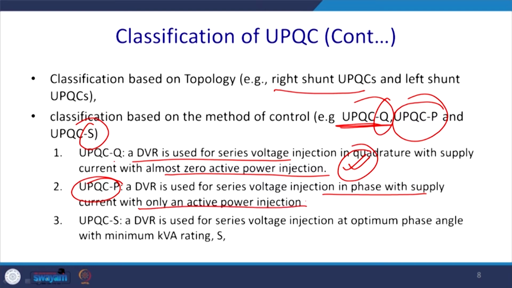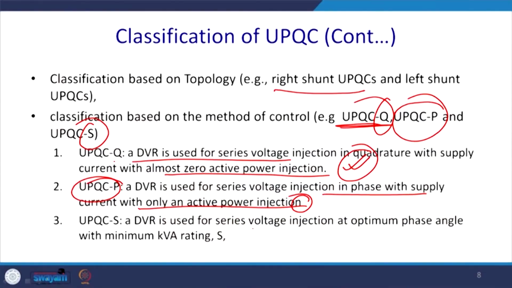It cannot compensate the power factor, so we have only a limited capability of enhancement of the power factor. Similarly, UPQC-S is DVR-based series injection, and it generally injects not only in quadrature but at any angle, but its apparent power rating is constant.